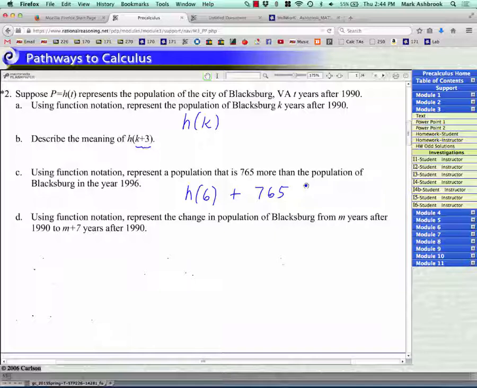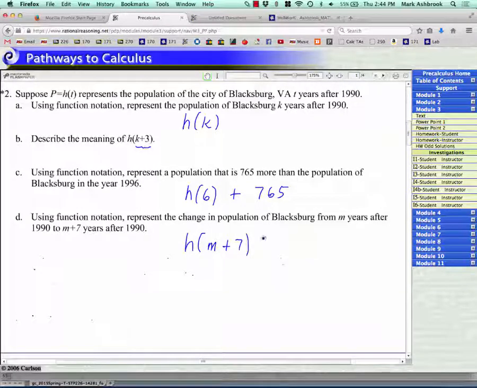Okay, last one. The change in population from m years after 1990 to m plus 7 years after 1990. Nick, did you get it? The change in population starting at m years after 1990 to m plus 7 years after 1990. Just do h of m plus 7.